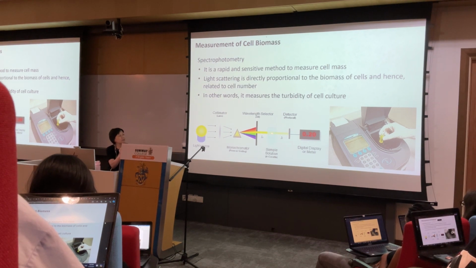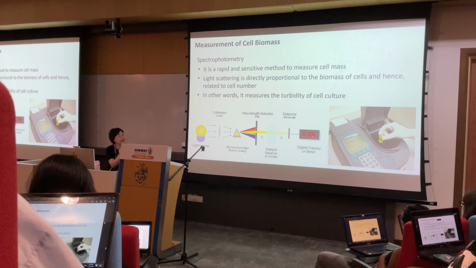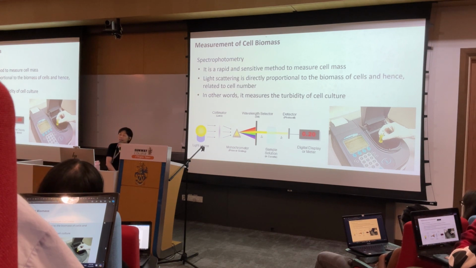So when the light cannot easily pass through, it will deflect everywhere, at different angles. The detector here will convert it into the reading. So this reading will give you 0.2, 0.5. The maximum can go up to 2. Anything more than 2 point something is not readable. So you have to keep it between 0 to 2. With that, we know the turbidity of the cells in the culture.